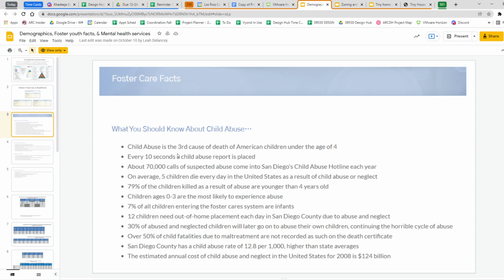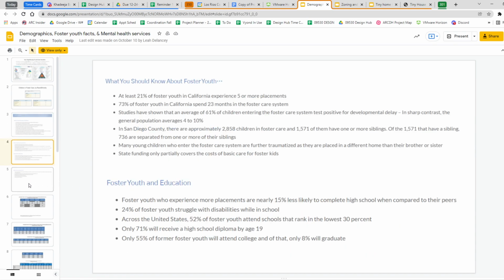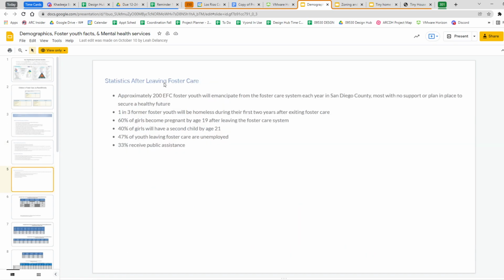Some things that you should know about foster care facts that help us show the need for this. There's some more of that. Statistics after leaving foster care.